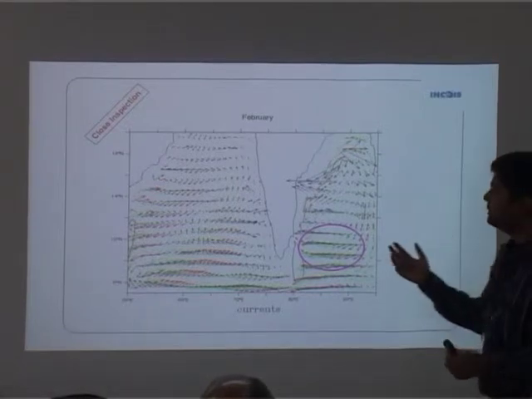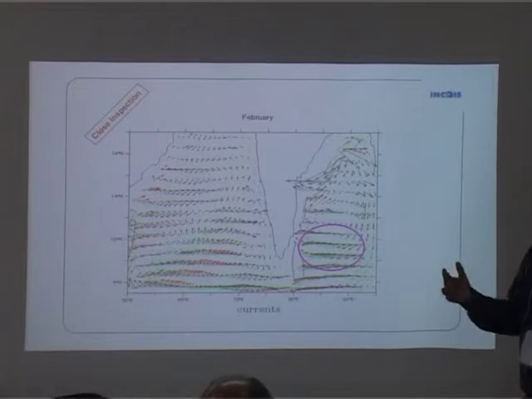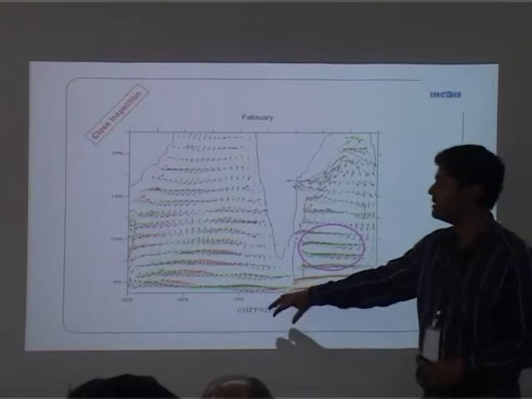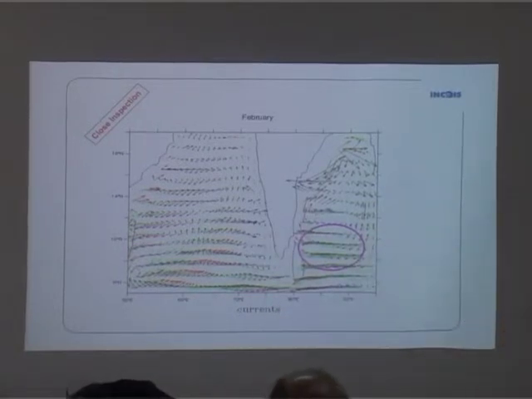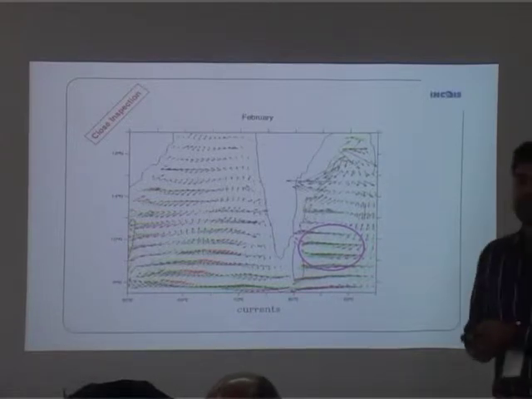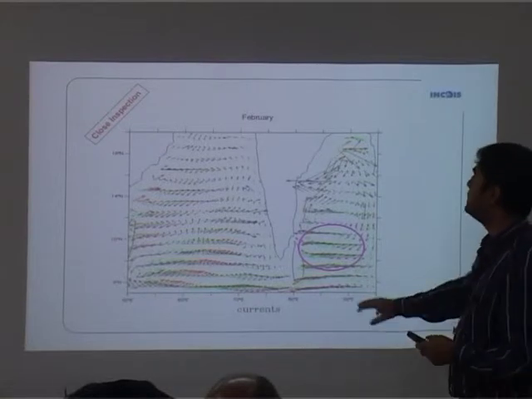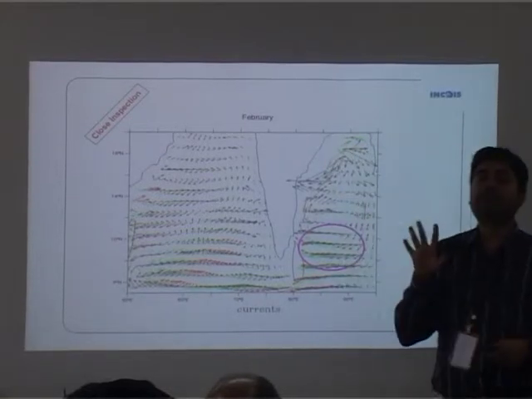So we're seeing that there are many regions where the assimilation process is successfully trying to take the model currents towards the observations. But that is true only during the initial phases.